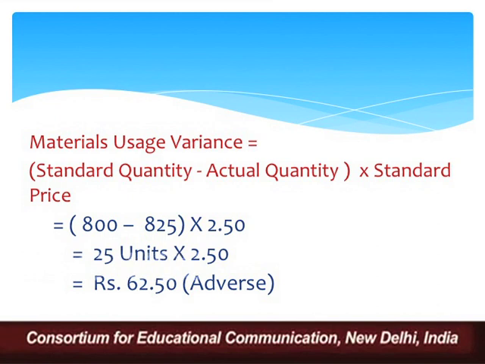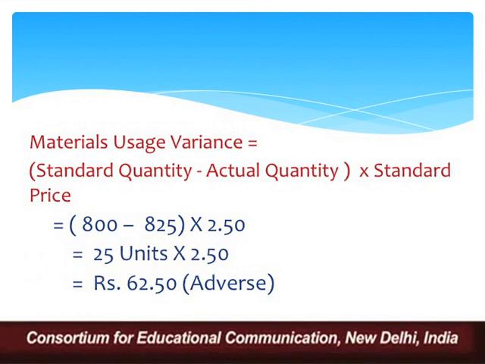And it is quite easy for us to calculate material usage variance once we have understood the price variance formula. The format remains the same. The only difference is the price is replaced by the quantity and quantity is replaced by the price. So let's have a look at the formula. Material usage variance is equal to standard quantity minus actual quantity into standard price.